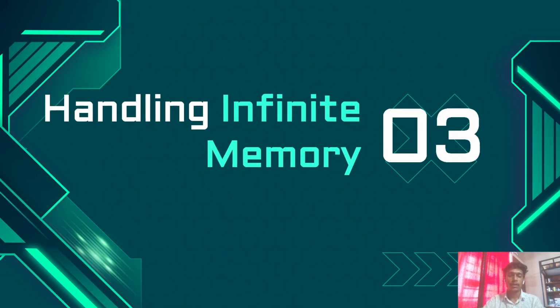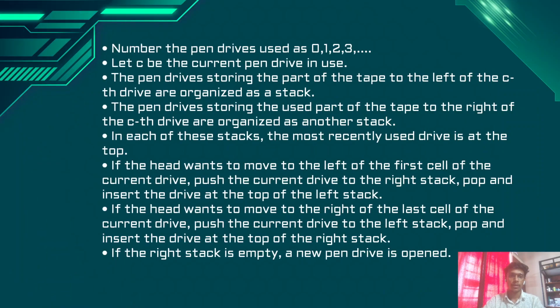So, handling infinite memory. This is how we handle the infinite memory. Let the pen drives be numbered 0, 1, 2, 3. Let C be the current pen drive in use. The pen drives storing the part of the tape to the left of the Cth drive are in the left stack.